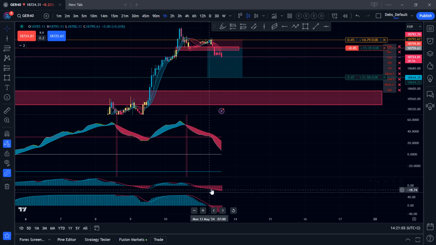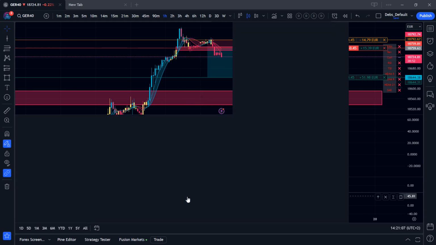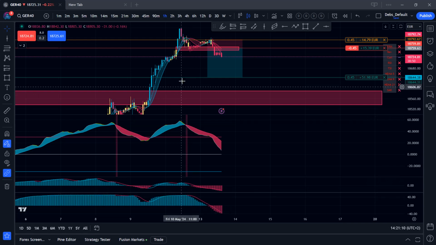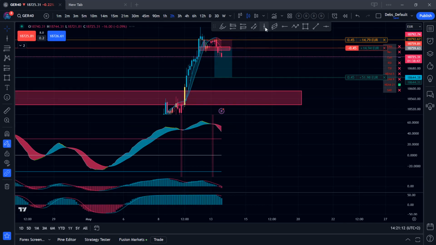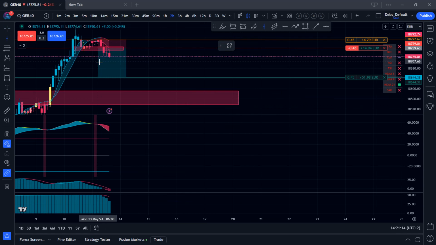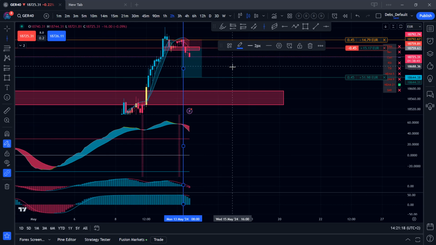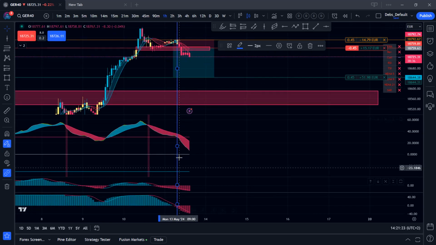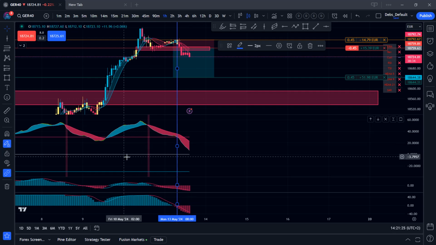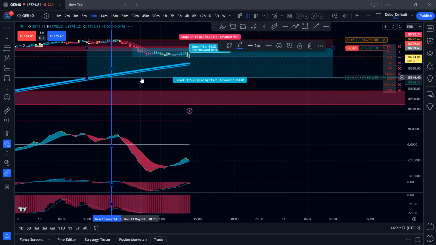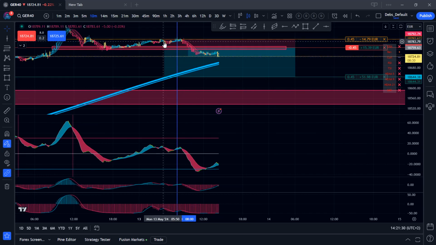For example, for the long term, you can even think about it like the 2 hour, right? Let's just go back to 2 hour and mark that area so you can see what I'm talking about. This was my entry point, and pretty good entry point, I'd say. If you go to 1 hour, you can see the price was already moving down, right? And if you go to a 10-minute, which is my entry, you can see that price did do a pullback sort of, but it wasn't really finished.